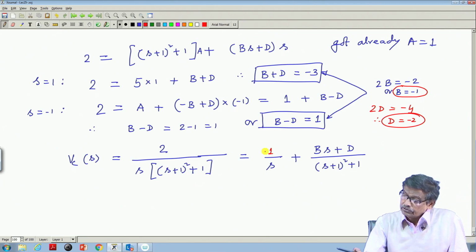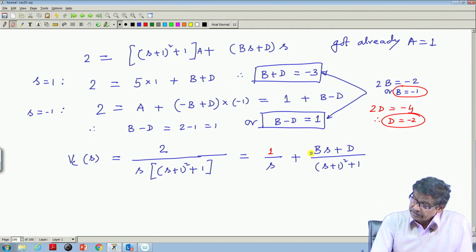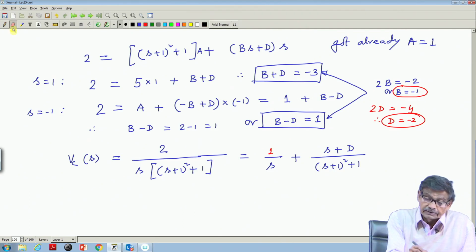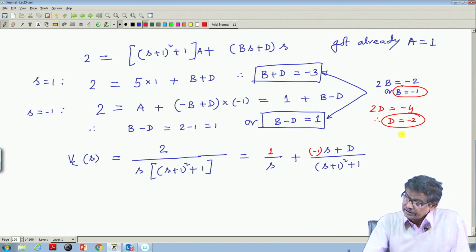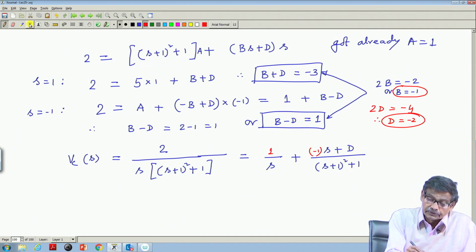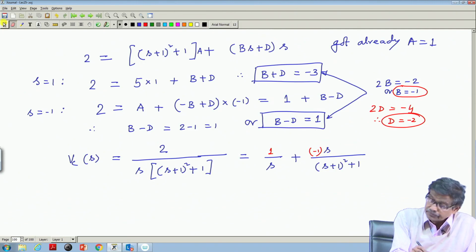B and D also I have got, B is equal to minus 1, so this B is minus 1 into S plus D only, D is equal to minus 2. So, this will become minus 2.